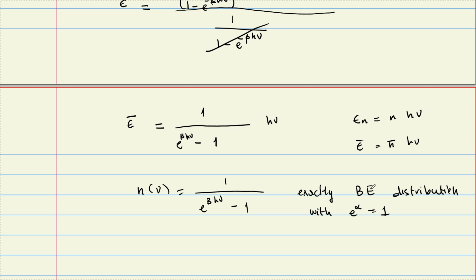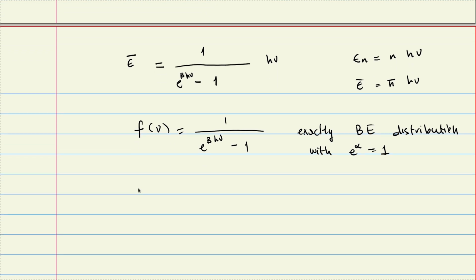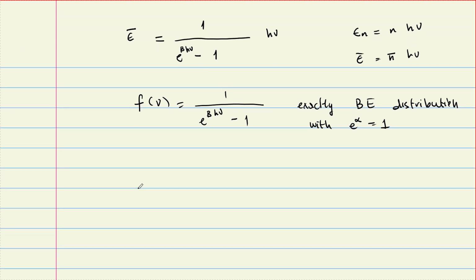And we said for photons, alpha was going to be 0 anyway. Okay, just to make the notation consistent, we called this one F in our earlier discussion. Okay? Any questions or comments?